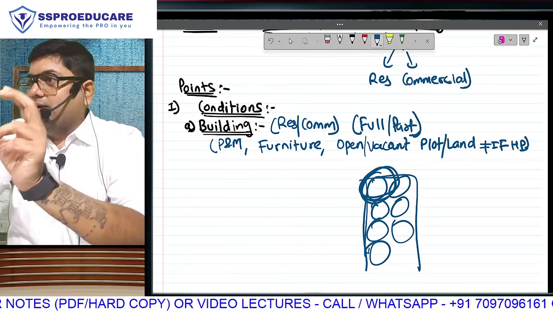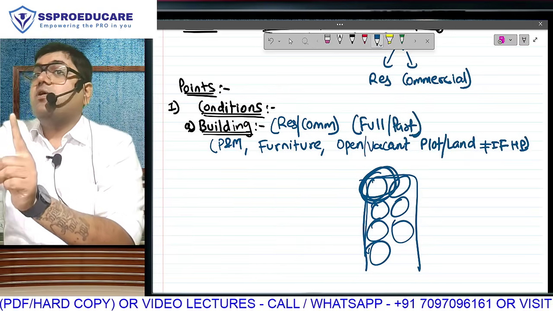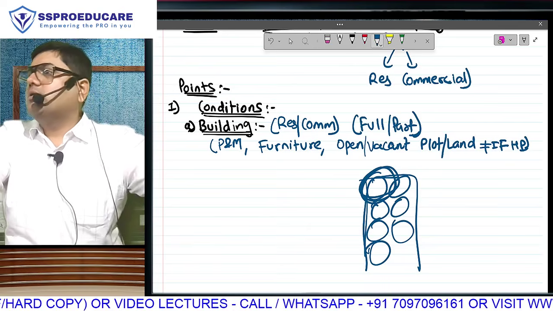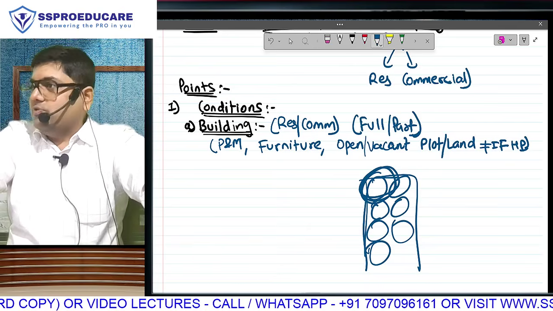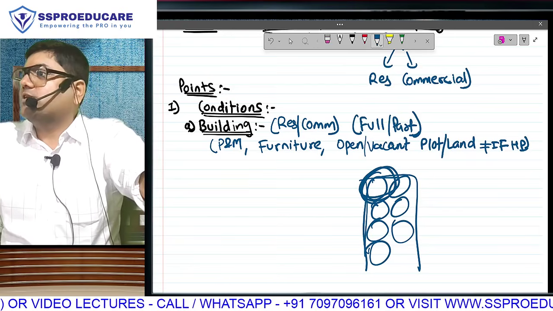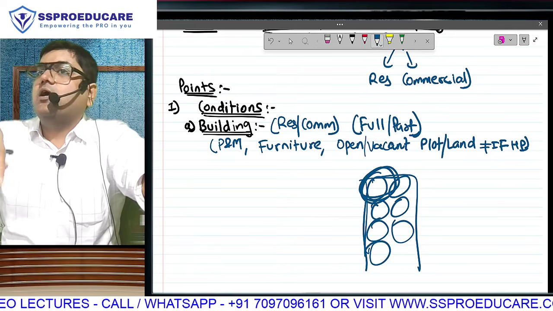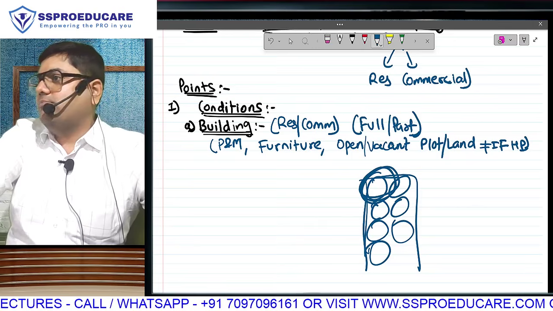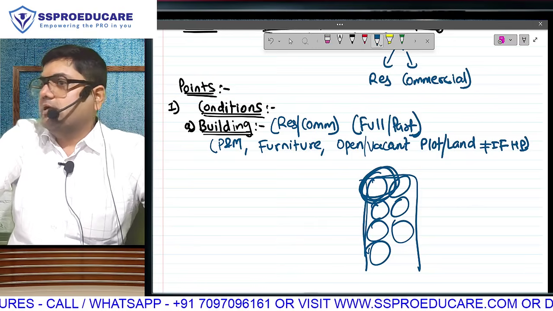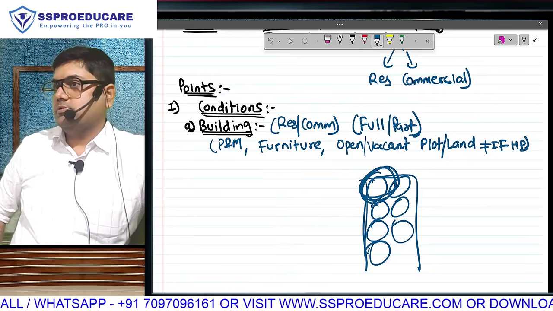And part of a building, in taxation language, listen to this carefully, they call it one unit in a building. In fact, developers also, when they sell their projects, say there are 4 units on this floor or 6 units on this floor. The different houses on one floor are called units of that building. If on our floor we have 10 offices, we can say we have 10 units on this floor.